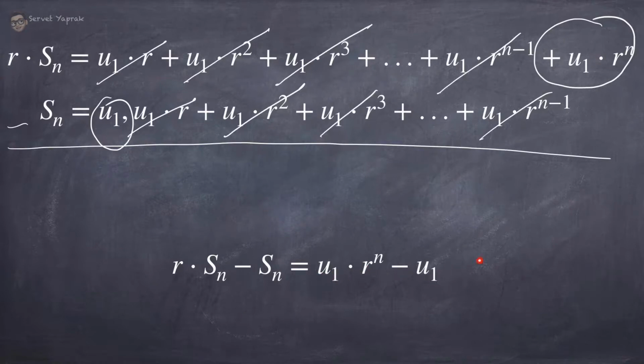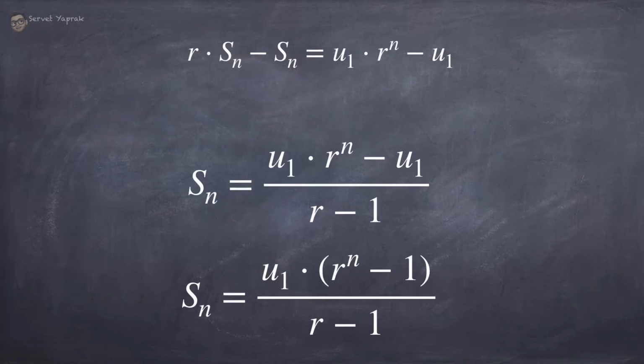In this equation, if we isolate Sn, we will find the sum formula. So r Sn minus Sn equals u1 r to the power of n minus u1. And if we move the whole thing to the left side, we will have this: Sn equals u1 times r to the power of n minus u1, divided by r minus 1. Because we have the common factor u1 here, we can actually write this expression as u1 times (r to the power of n minus 1) over (r minus 1).